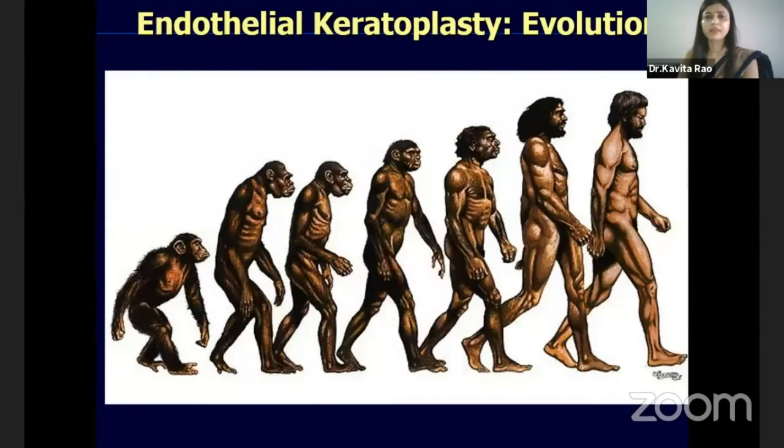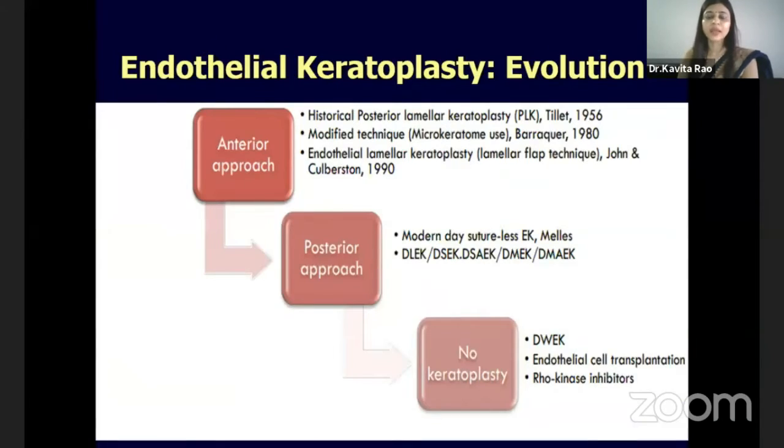DMEC. Now, I think the evolution of endothelial keratoplasty is nothing short of the evolution of humankind. It started with an anterior approach in 1956, then it moved on to the posterior approach, the modern day endothelial keratoplasty as we know it now, which is now moving on to probably doing no keratoplasty.